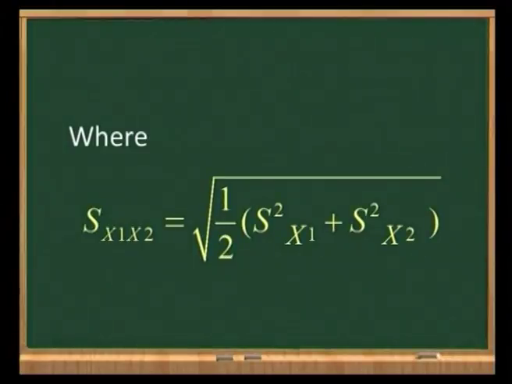Here S x1 x2 is the grand standard deviation or pooled standard deviation. 1 is equal to group 1 and 2 is equal to group 2. The denominator of t is the standard error of the difference between two means. For significance testing, the degrees of freedom for this test is 2n minus 2, where n is the number of participants in each group.